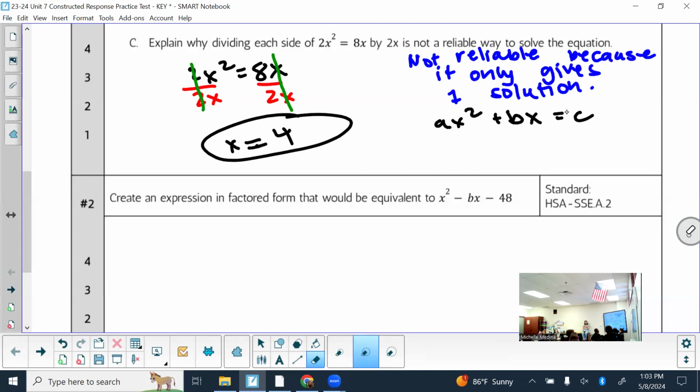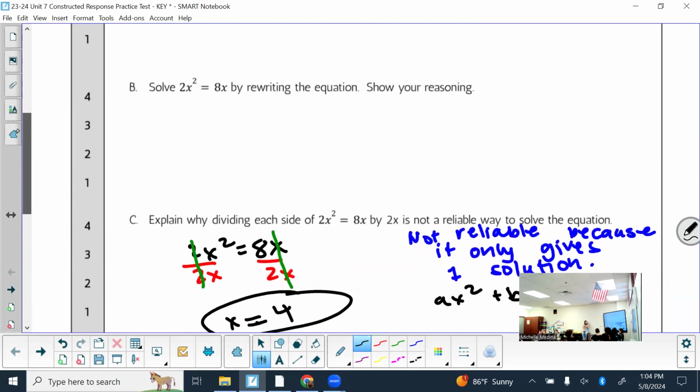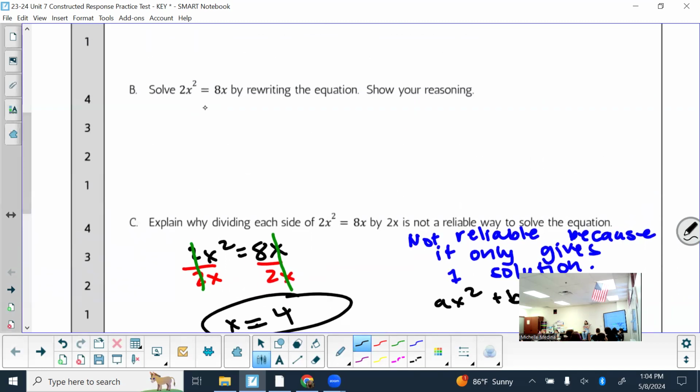Close. Okay, so plus C equals 0 is how you can actually solve it. You could do that with quadratic formula or factoring. For completing the square, you can't do that with this, because A is not one, and you guys don't know how to do it. So quadratic formula or factoring, your choice. But if you did the first two parts of this question, you would have already solved it by factoring.